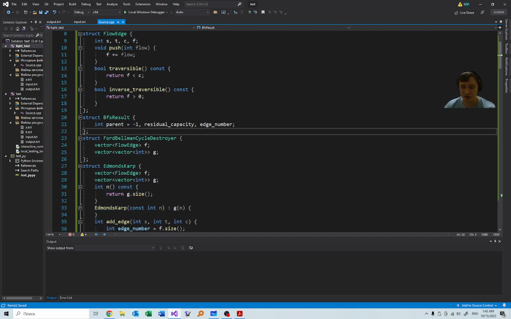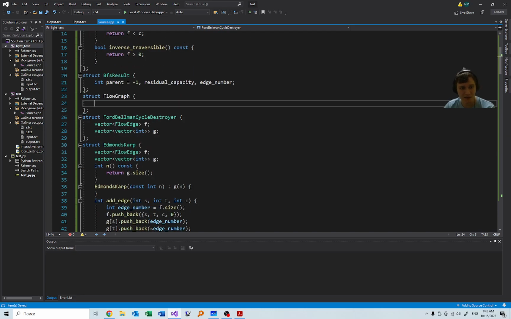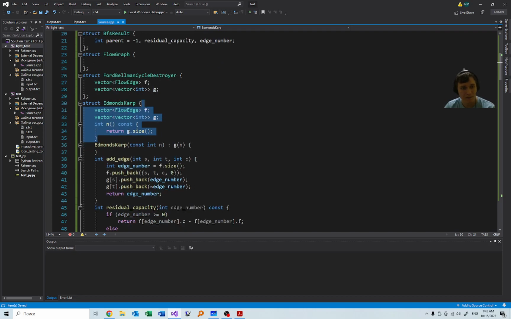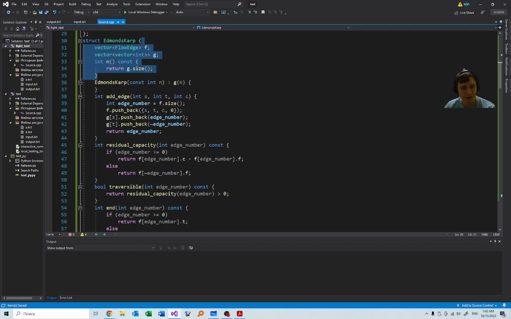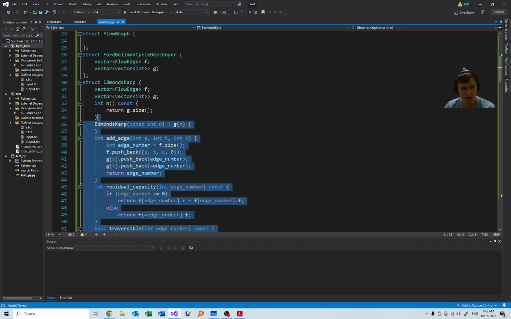Let's structureize our solution. So we have struct flow graph, which has these like fg. Actually, all of this, I think all of this can be put in the flow graph.